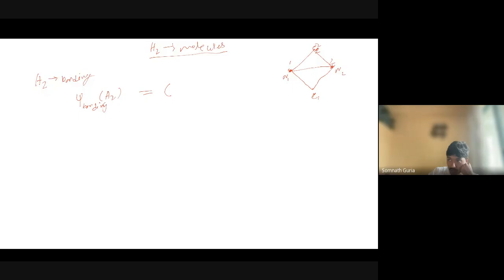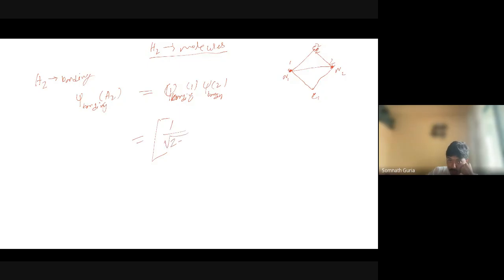So we have psi of bonding of electron 1, nucleus 1, and psi of bonding of nucleus 2. Which implies that my linear combination value is 1 upon root over of C. What is the C value?